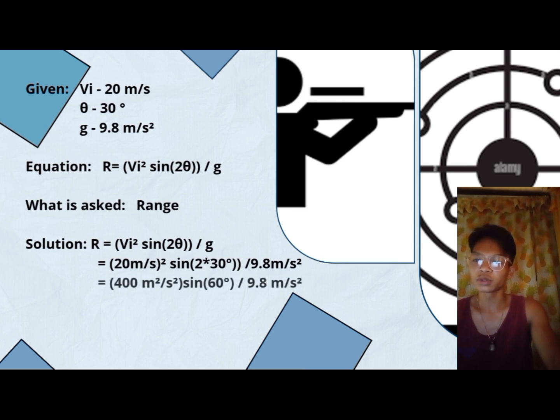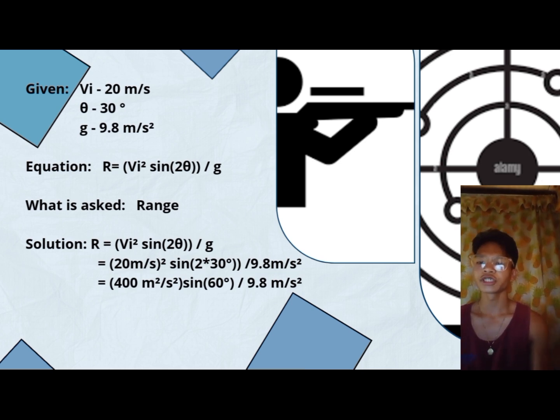initial velocity squared. 20 meters per second squared is equal to 400 meters squared per second squared. Sine of 2 times launch angle: 30 degrees, 2 times 30 equals 60 degrees, over, you only need to copy the acceleration due to gravity, 9.8 meters per second squared.